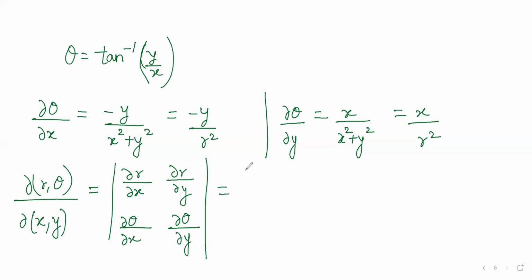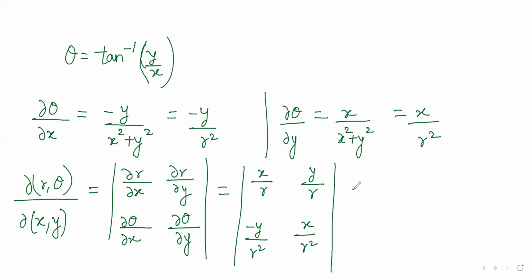So this will be equal to x by r, y by r, minus y by r square, and x by r square. We solve this and get x square upon r cube, minus minus becomes plus again, y square upon r cube, so it becomes x square plus y square upon r cube. Now x square plus y square is equal to r square, that means 1 upon r.